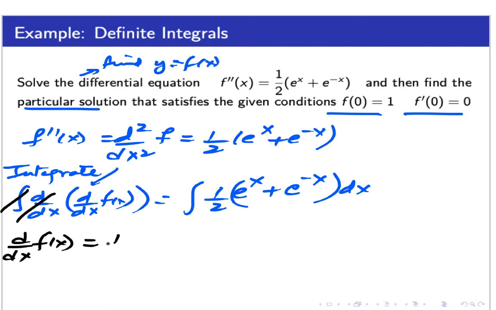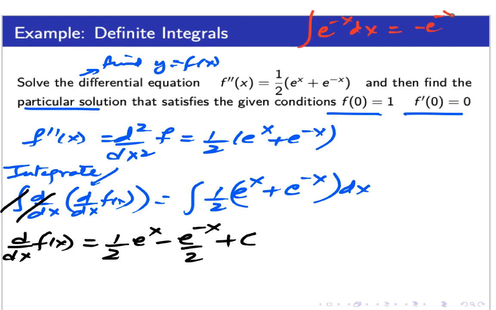And we take the integral of this one as half e to the power x minus e to the power minus x over 2 plus c. If you forget it, you can go back and see how I have done this one. Remember that the integral of e to the power minus x dx is minus e to the power minus x.